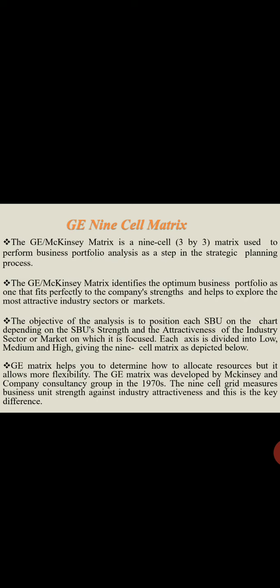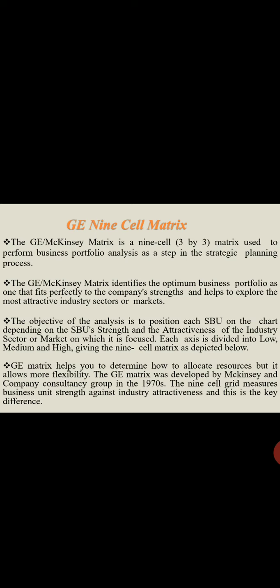The GE matrix is a 9 cell, 3 by 3 matrix used to perform business portfolio analysis as a step in the strategic planning process. It identifies the optimum business portfolio as one that fits perfectly to the company's strength and helps to explore the most attractive industry sector or market.